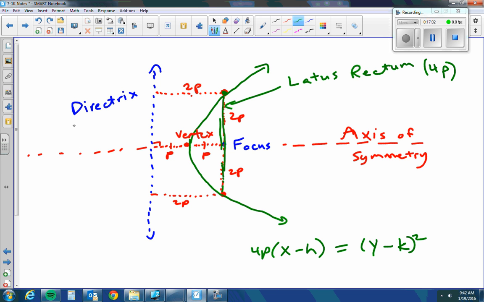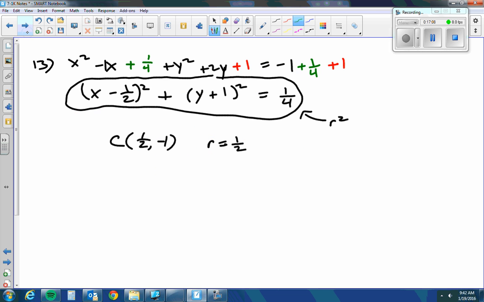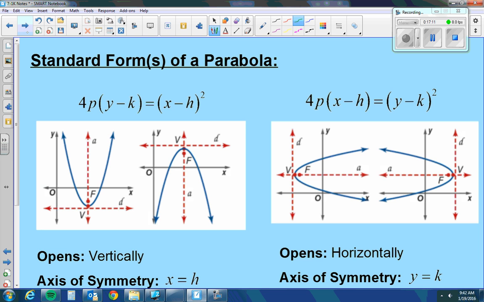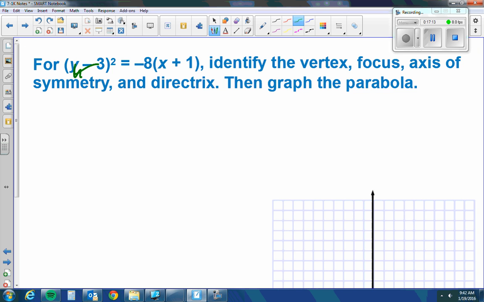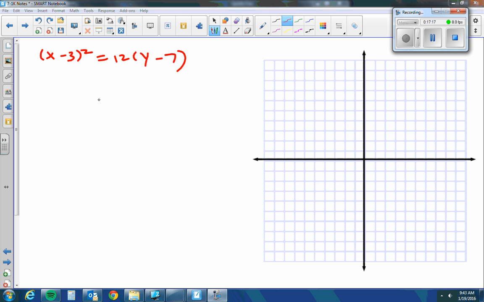All right. We're going to do number 1 as an example. Before we get started, these equations probably look strange to you. Let me show you how they would have looked in Algebra 2.